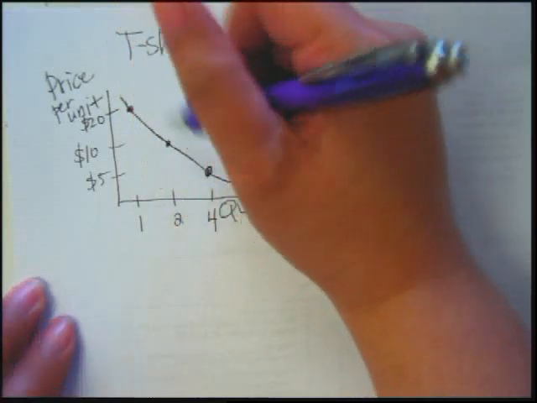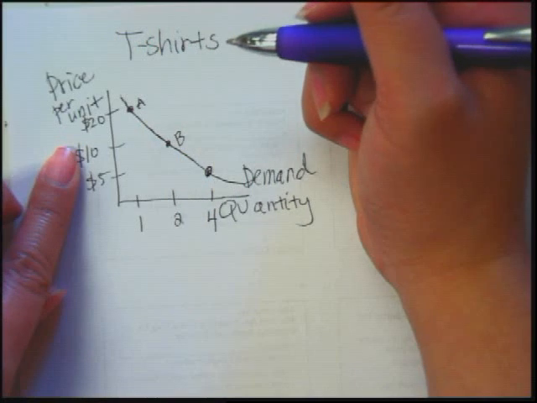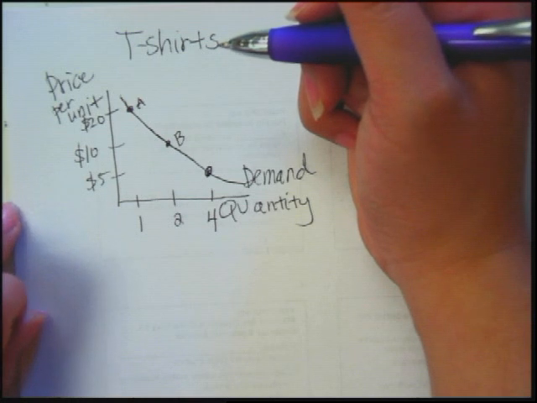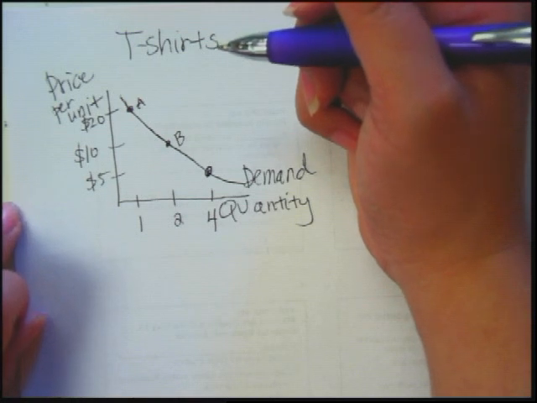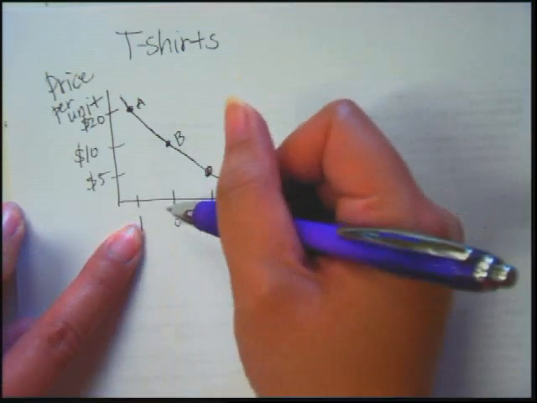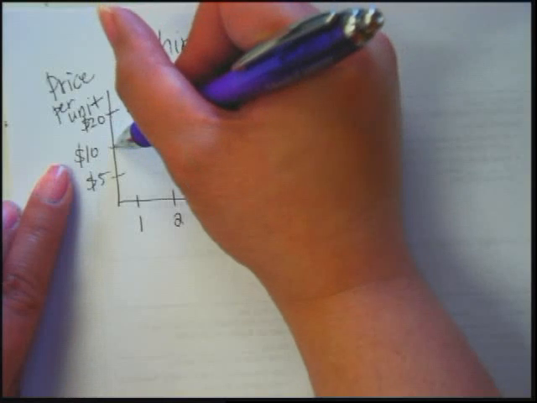What's the only thing that changed from this point A to point B? What changed? The quantity. Okay, the quantity demanded changed because of the price. The price dropped.